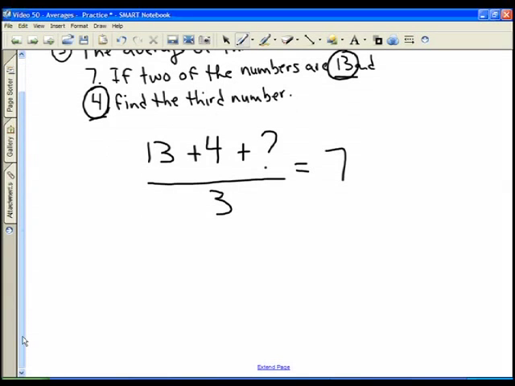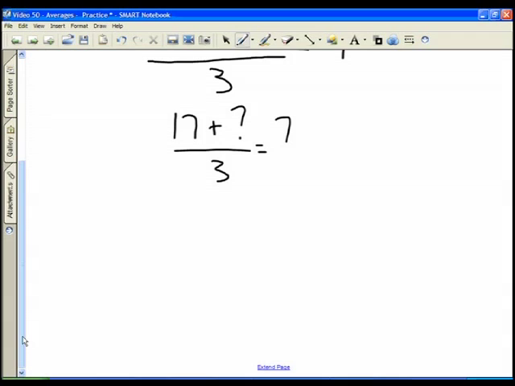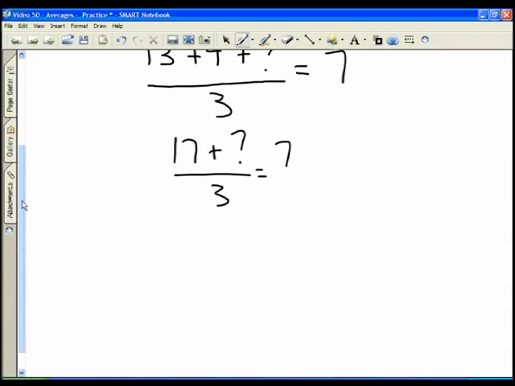And here then we get, if we simplify, 13 plus 4 is 17. So we have 17 plus some unknown number, divided by 3, is equal to 7. And now what I'm going to do is put brackets around my numerator here.